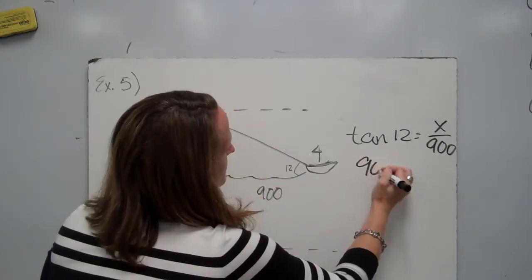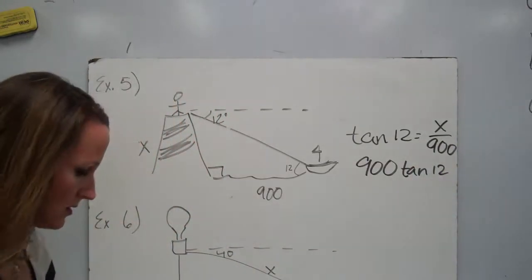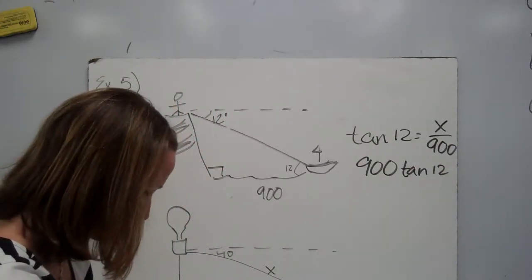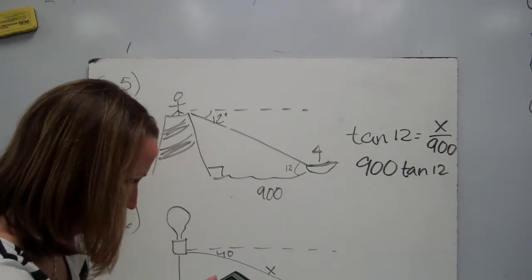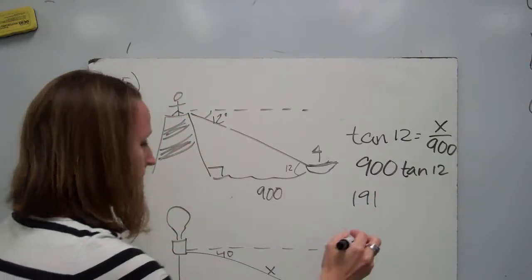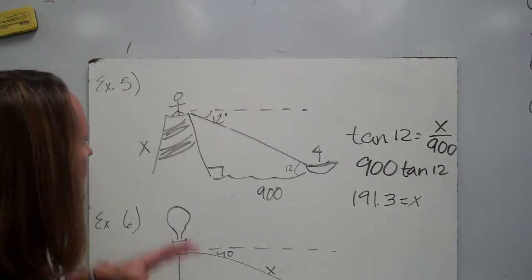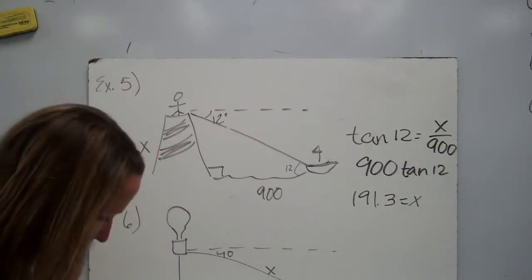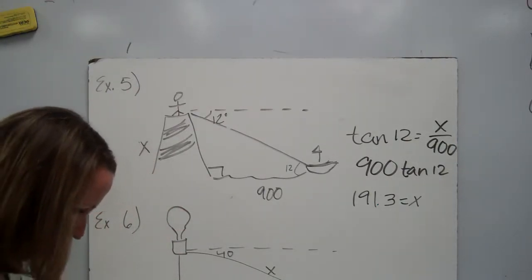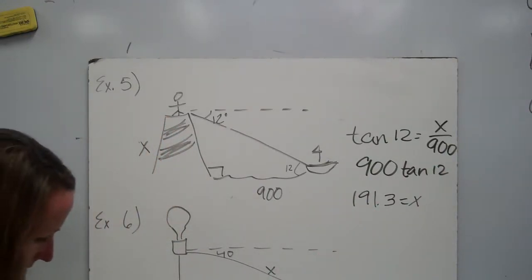So to solve, I do 900 tangent 12, which gives us 191.3. So we learned that the height of the lighthouse is 191.3 feet.